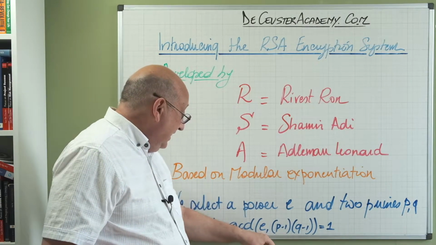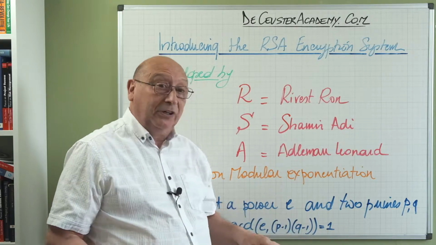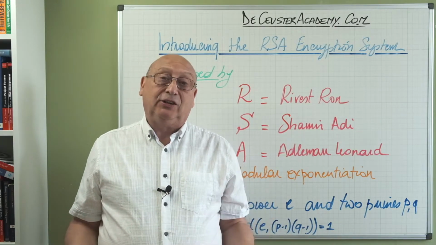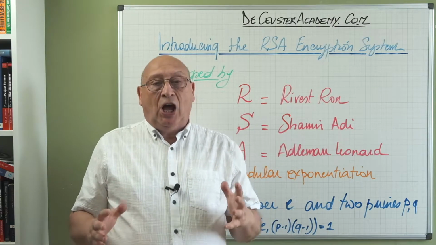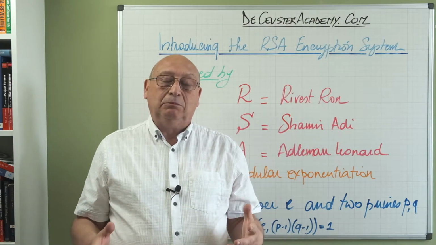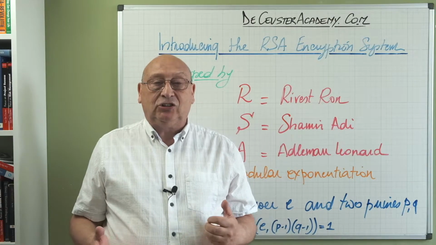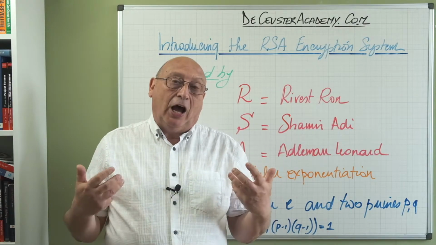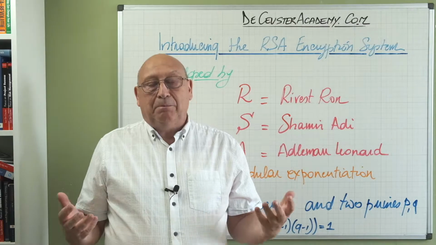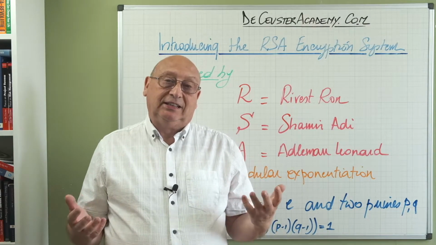Basically that E and the product of those two numbers are relatively prime. Let's have a look how this system works, and we will do some exercises on how to encrypt and decrypt messages using this system.